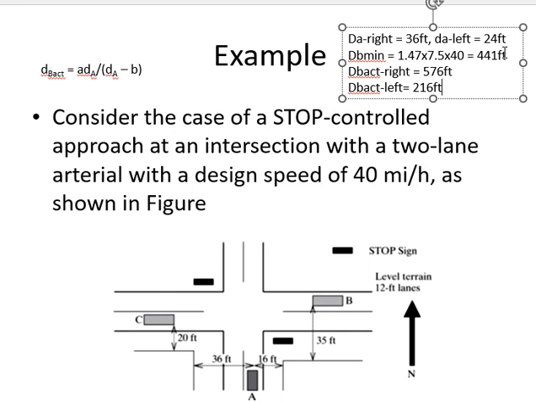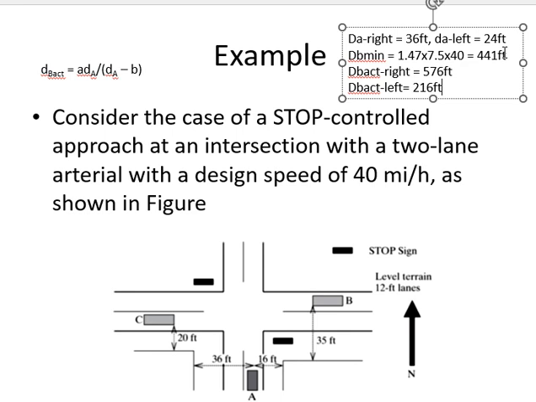This is the right. So A is 16 and B is 35. Correct. These values are correct. Okay, now you check.